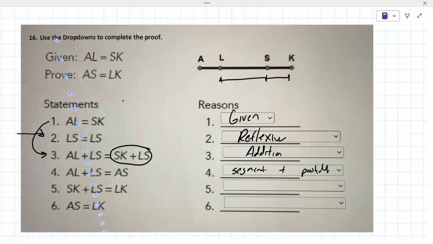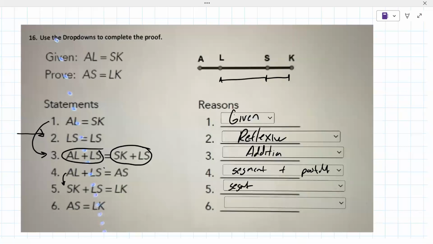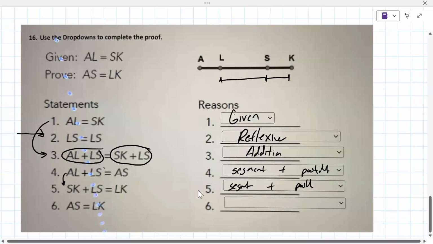This SK plus LS is the same as AL plus LS. That's how I think they got the left side. But how did they do the right? How did they get AS is LK? Oh, SK plus LS. That's another segment addition postulate. Sorry, that is another segment addition postulate. It's its own independent line.